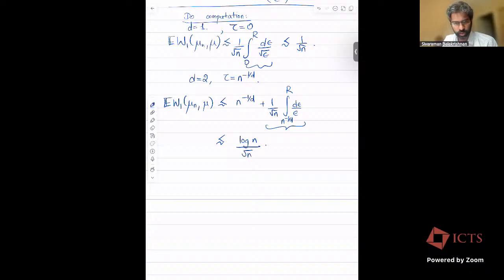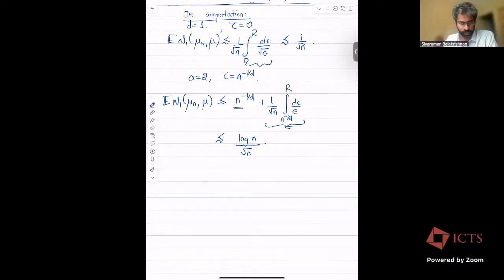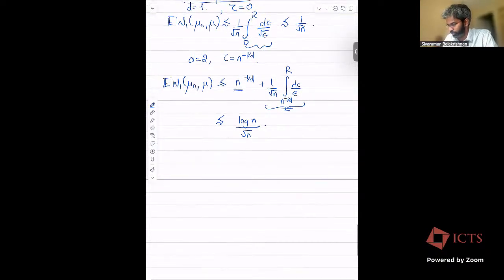In this case, again, the entropy integral diverges, so you have to be careful to truncate it at an appropriate level, otherwise the whole thing will just blow up. When you do this calculation, you end up with something that scales like log n over square root n.